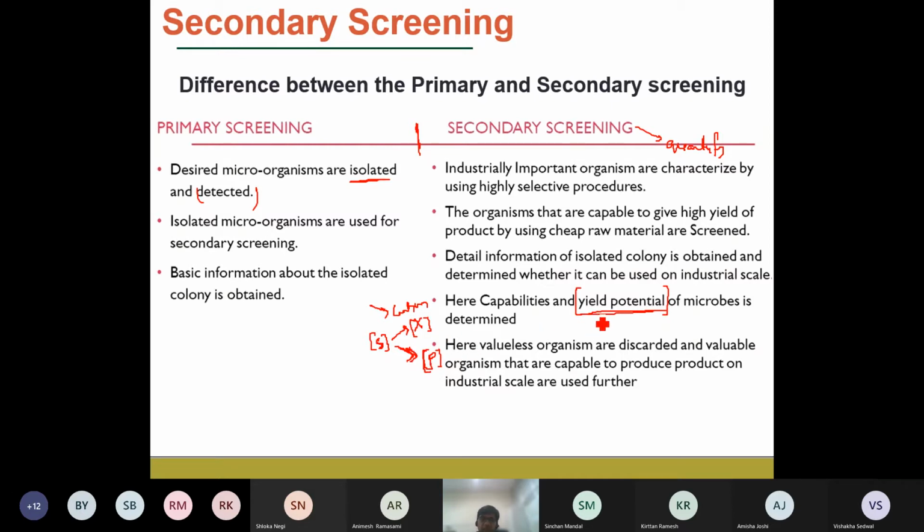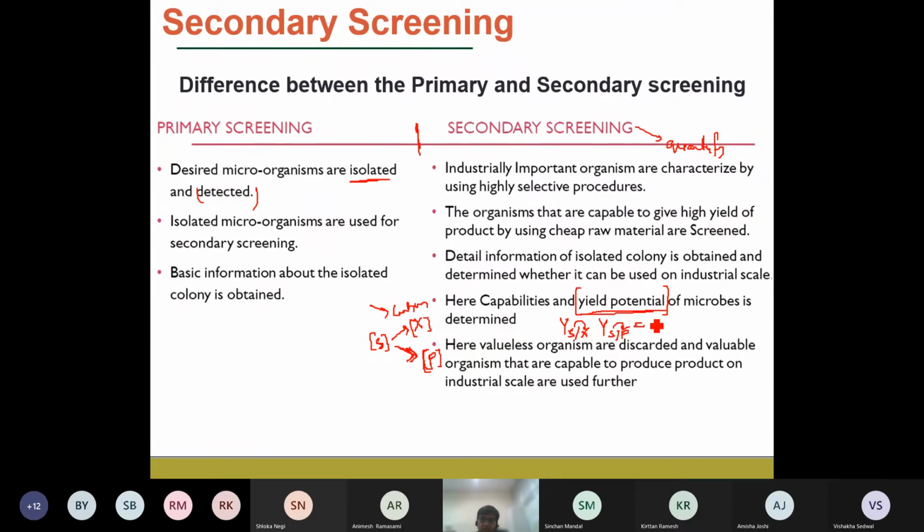Yield potential is generally represented by the term Y, and mostly two types are used. It is represented as Y S to X: how much of the substrate is converted to the biomass or cell concentration, and Y S to P: how much of the substrate is converted into the product.